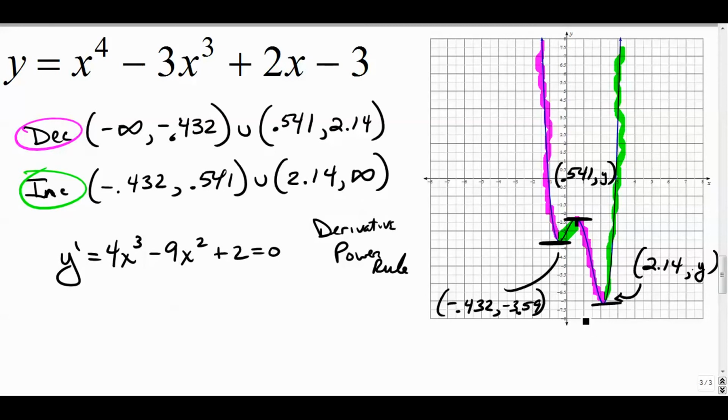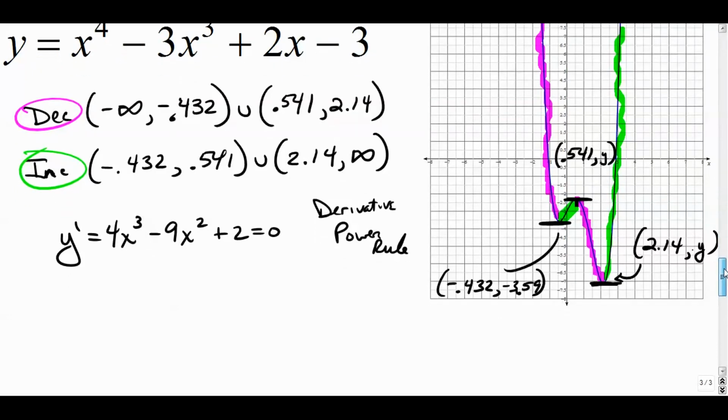So these are, of course, potential maxes and mins, and then we just solve that thing. And when we solve that thing, we can get those three values. This one is a little bit trickier, but for this particular example, I just kind of relied on my graphing calculator and got those values.